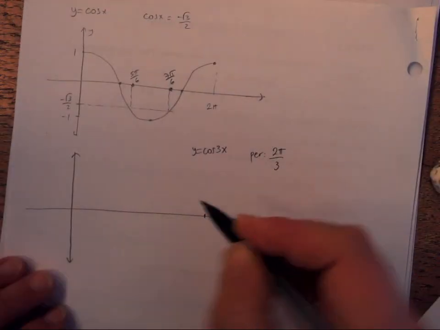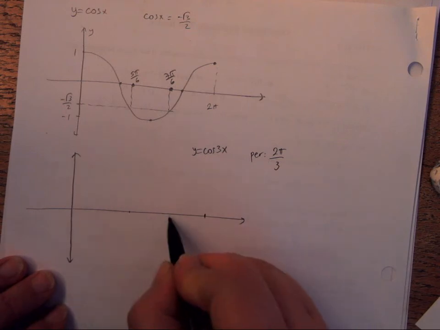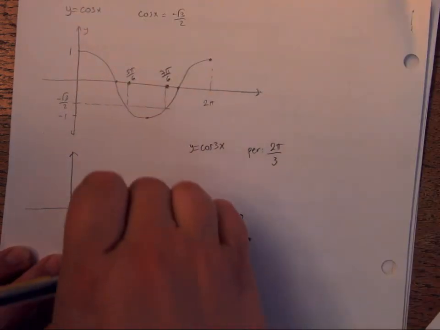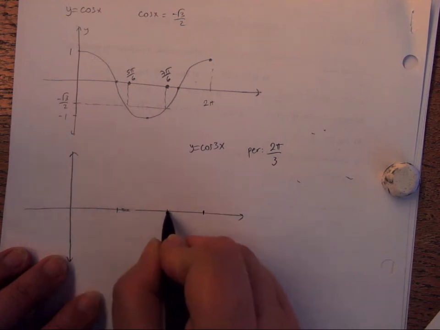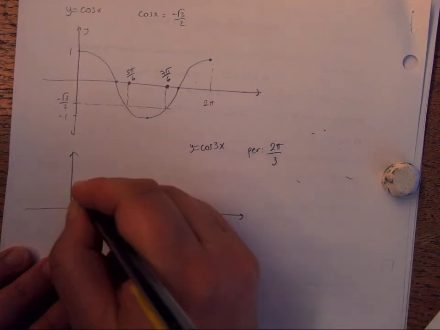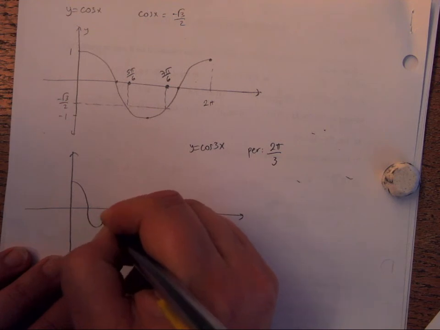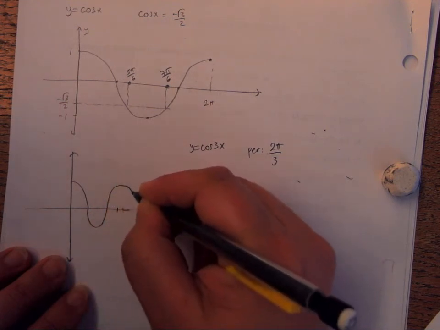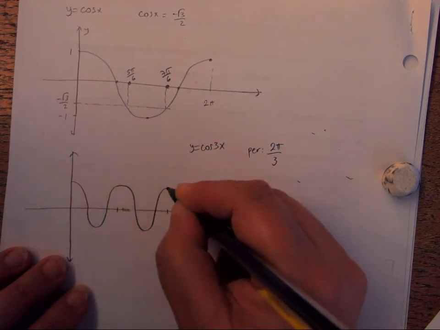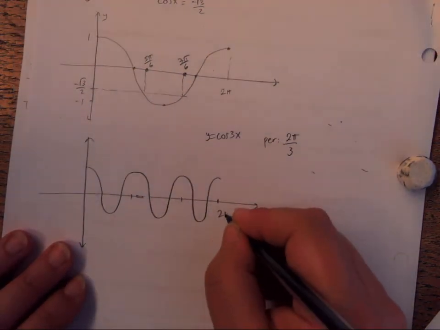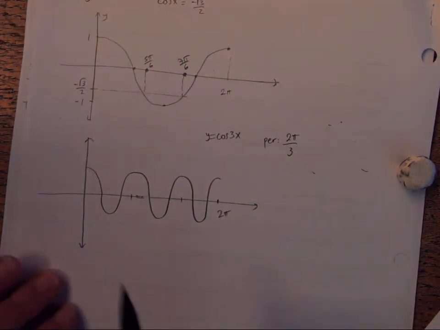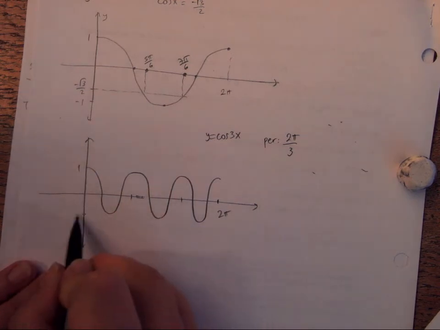So something like this, okay. So you will have 1, 2, 3 cycles in 2 pi. Now, so that is 1, that is negative 1.